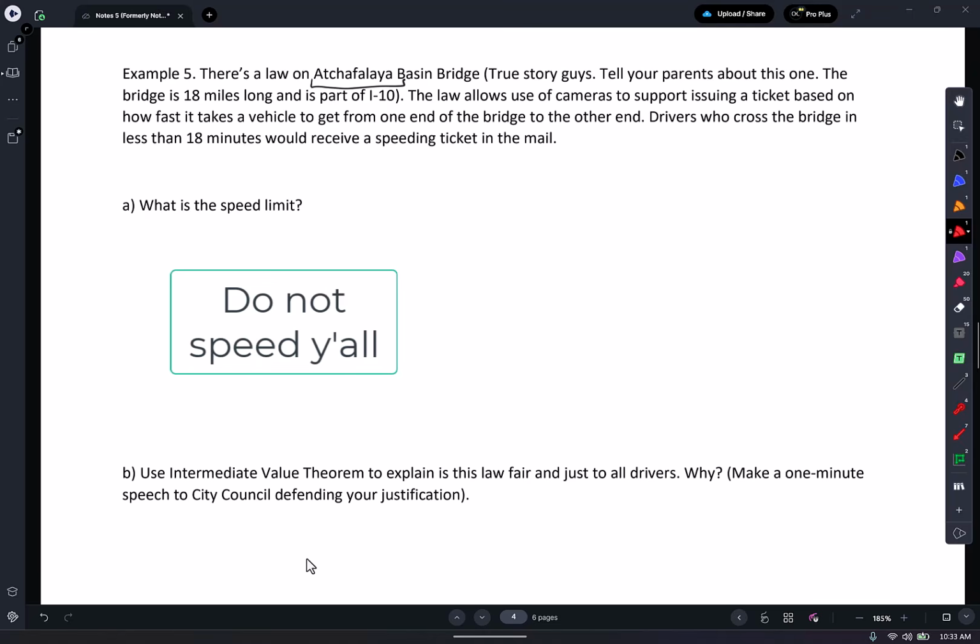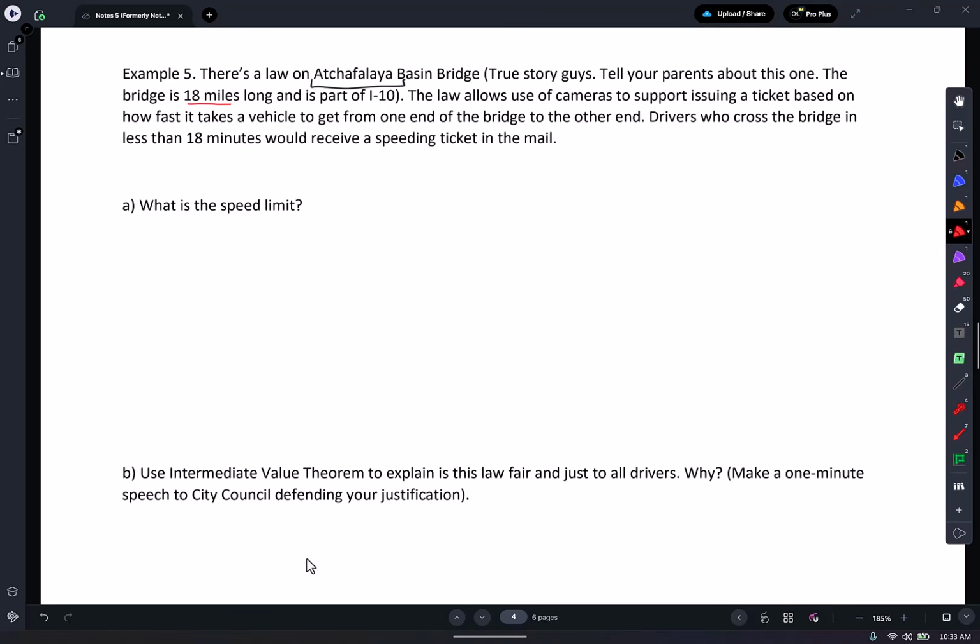So Chav, what is this? It's 18 miles long, and if you finish in 18 minutes or faster, you get a ticket. What's the speed limit? It's 60 miles an hour, because if you're going 60 miles an hour, you travel 18 miles in 18 minutes. Does that make sense? And this is true, guys. There's a camera at the front and a camera 18 miles away.